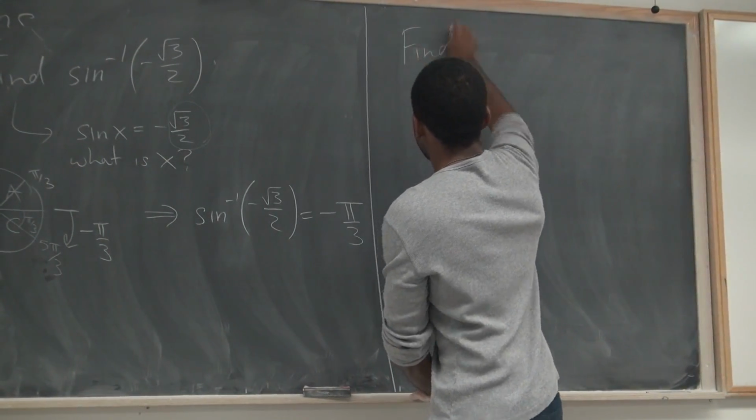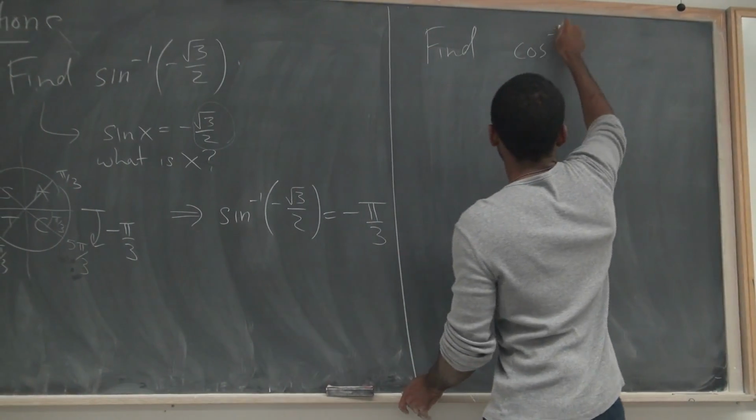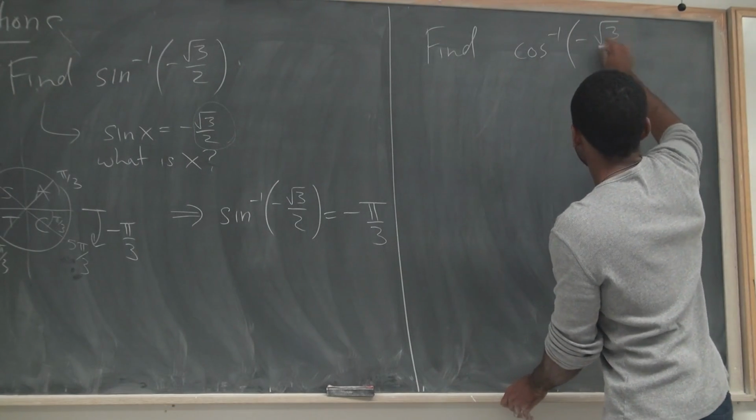Find cosine inverse of minus radical 3 over 2.